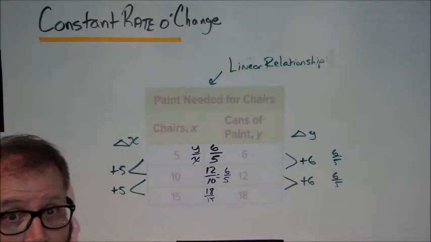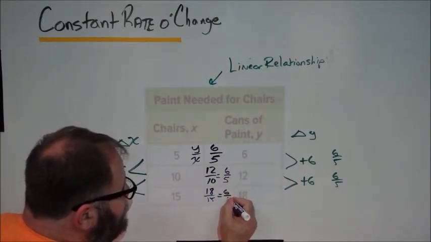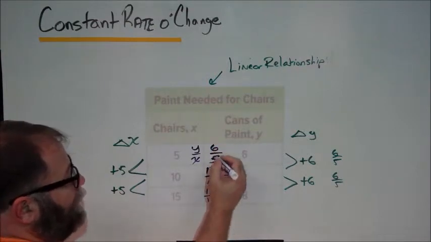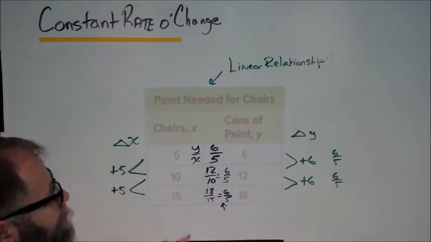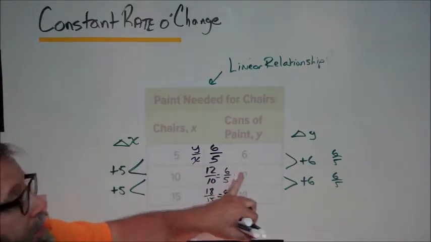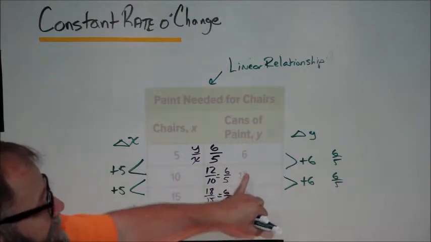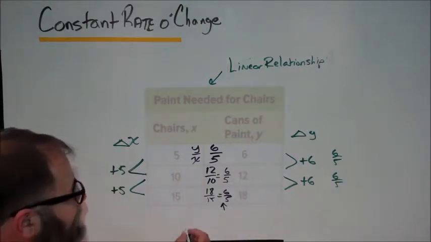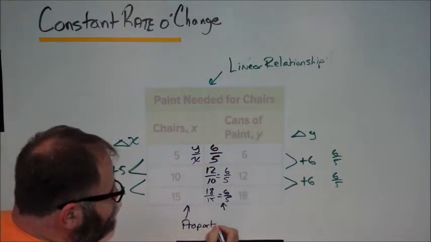If I divide both the numerator and the denominator by 3, I get 6 over 5. Now, because we have a constant ratio between the y's and the x's, what we've also found is that this table is proportional.